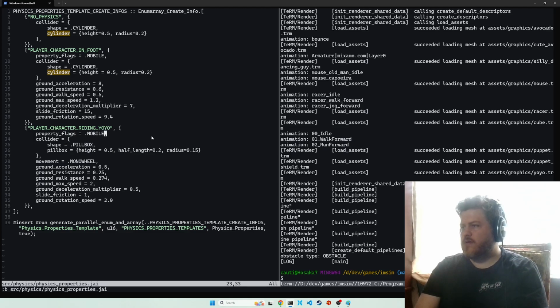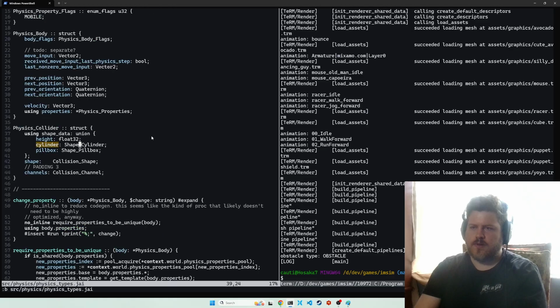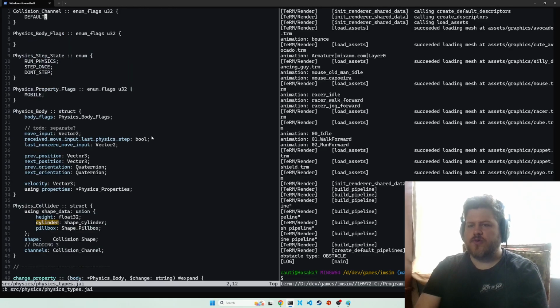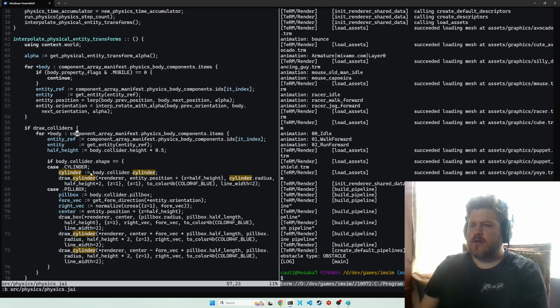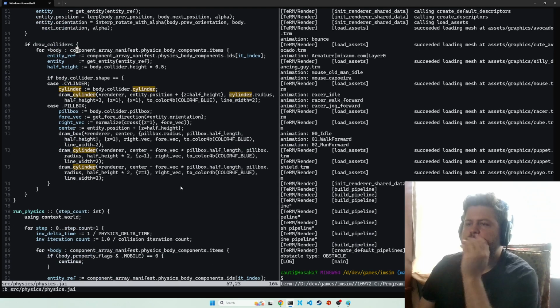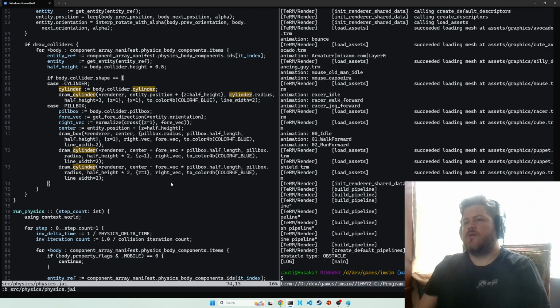Oh, wait a second. Everybody stores the height. What am I drawing? Am I not drawing the half height? Let's see, physics, half height. No, I'm using it as half height. Okay. Everything's fine. Everything is fine. Okay.